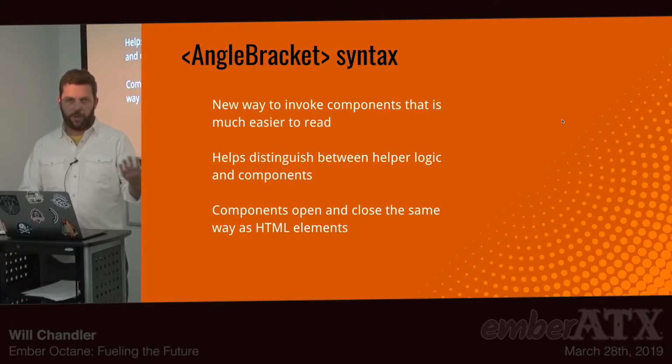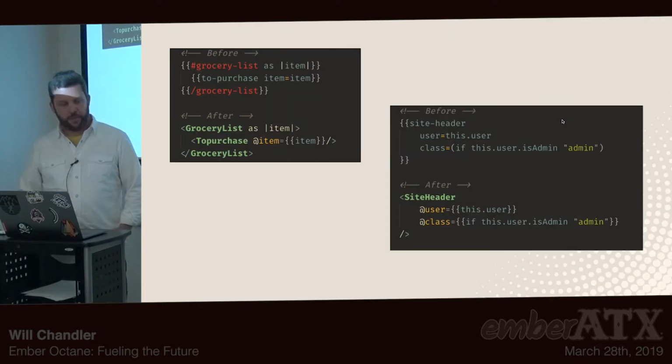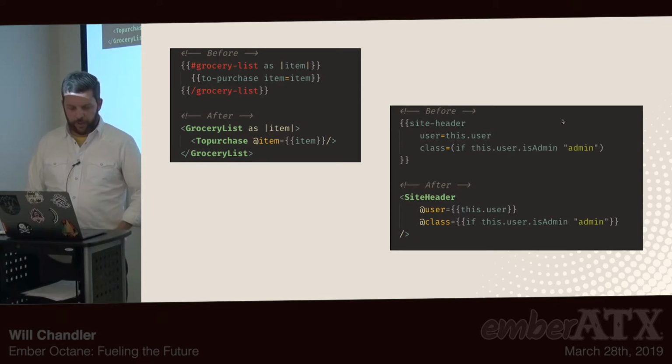If anybody's used React, they'll be familiar with this. They open and close the same way as HTML elements, so it's pretty straightforward in that sense. These are just a couple of examples of what that looks like. Fewer curlies. We now have different capitalization for invoking components.